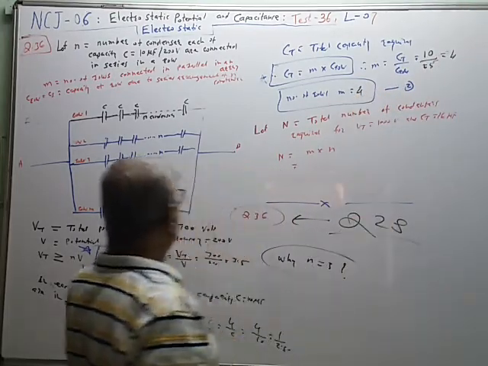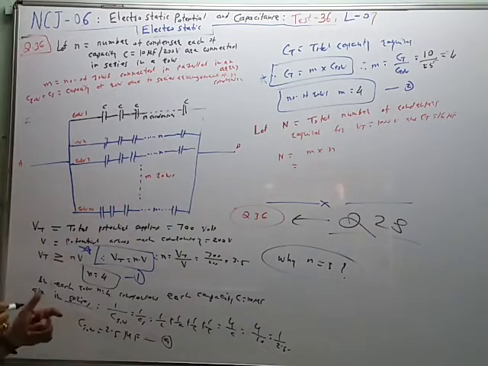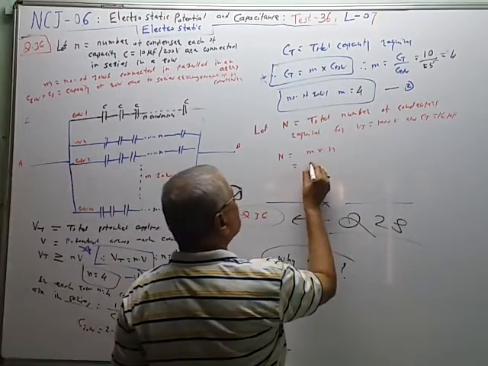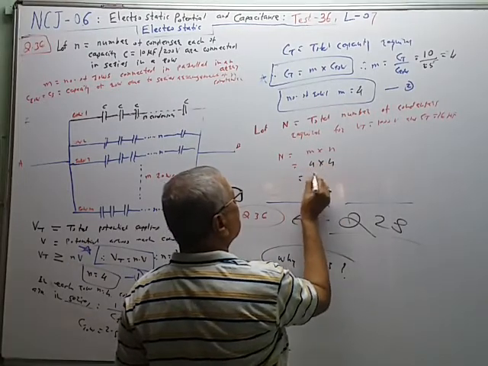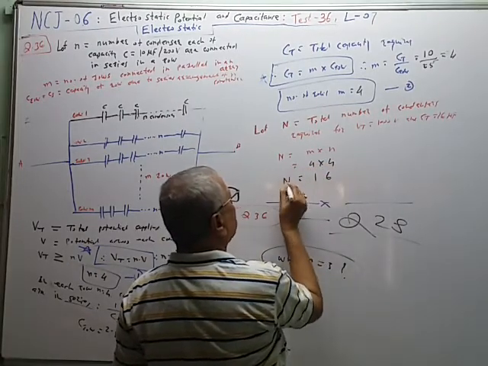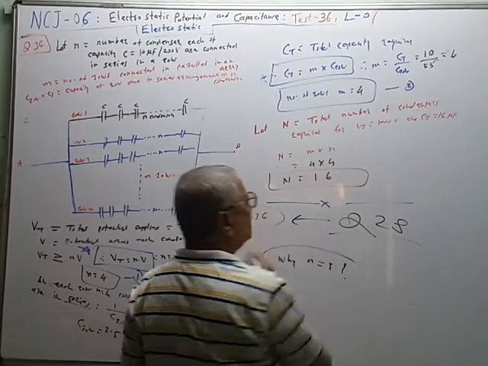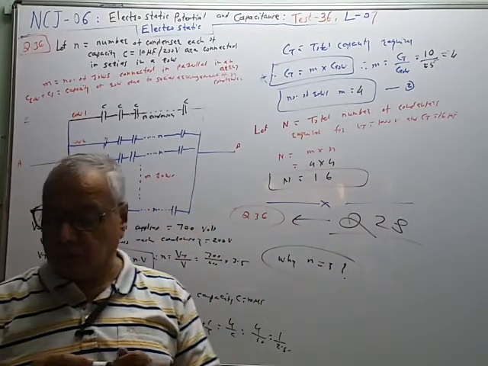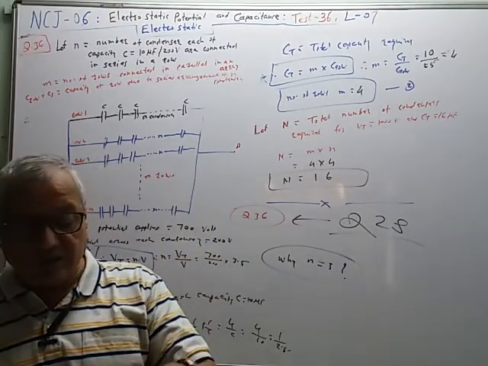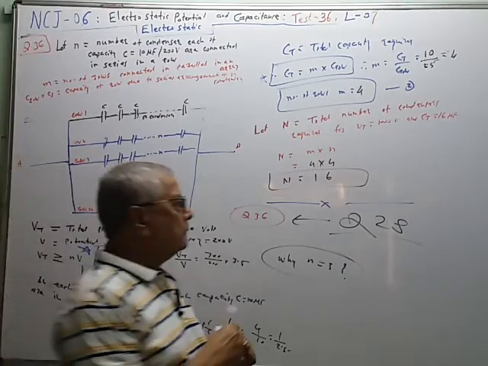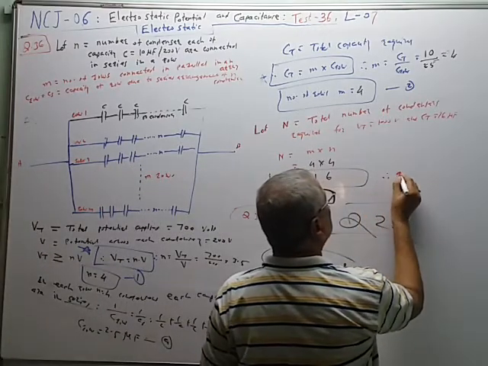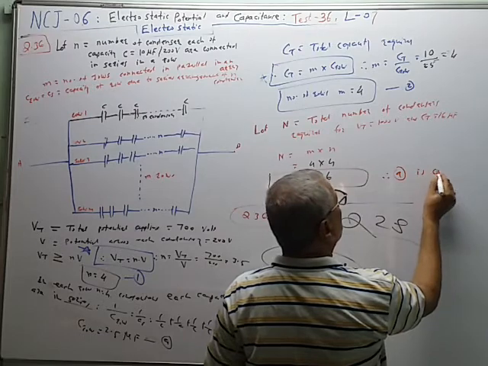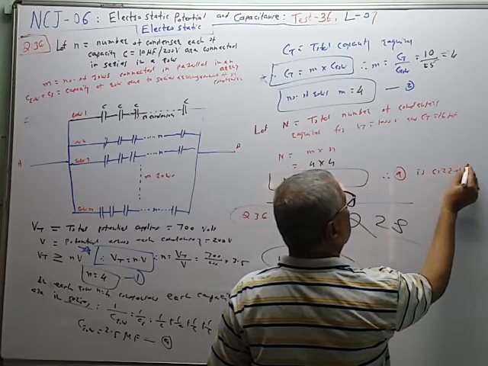So there are 4 rows and there are 4 condensers in each row, and therefore the total number of condensers is equal to 4 multiplied by 4, that is equal to 16. And therefore number of condensers required is equal to 16. So the correct choice is 16, means correct choice is A. Therefore A is correct.